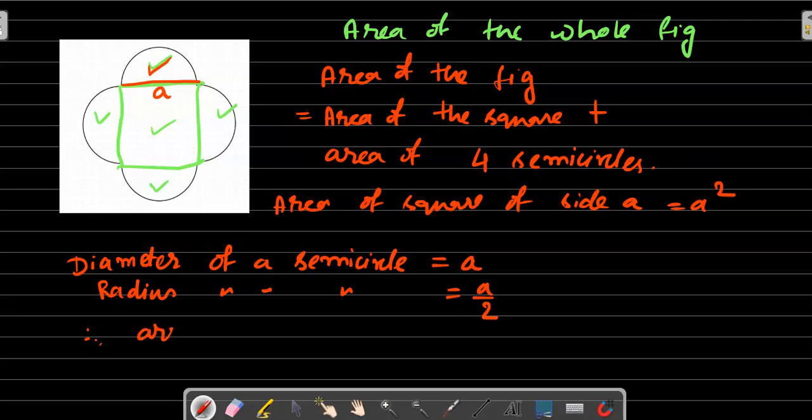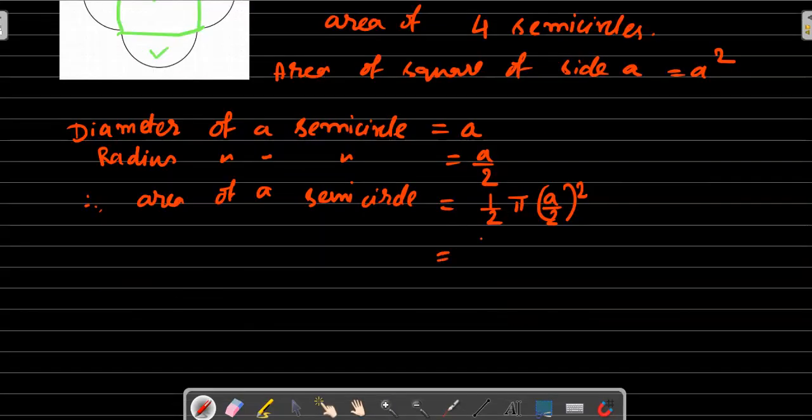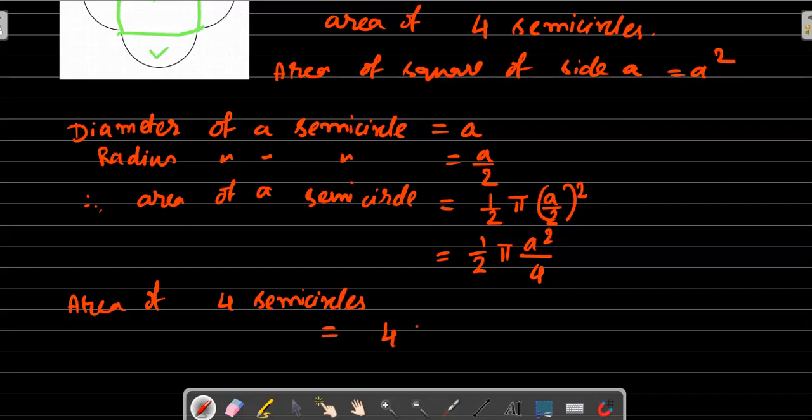Therefore, area of a semicircle is equal to half pi A by 2 square, that is half pi A square by 4. Therefore, area of 4 semicircles is equal to 4 into half pi A square by 4, that is pi A square by 2.